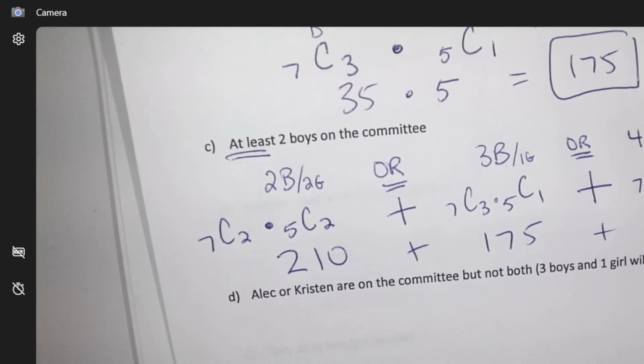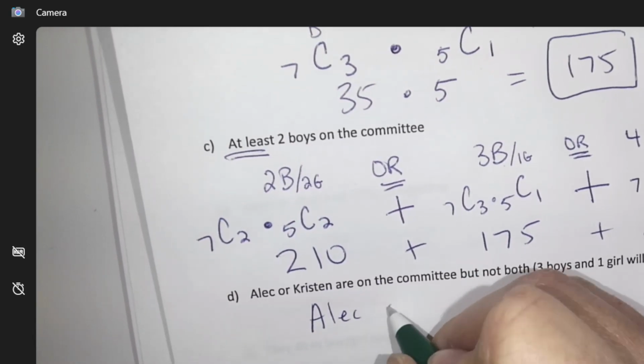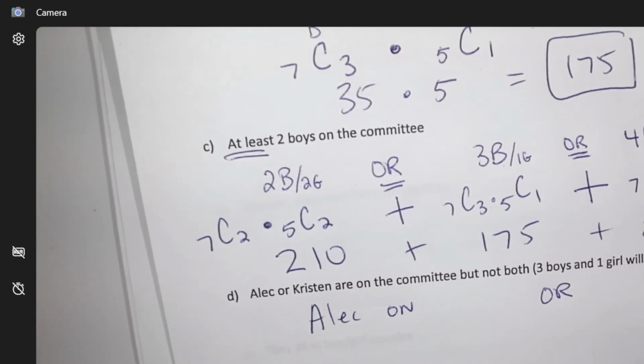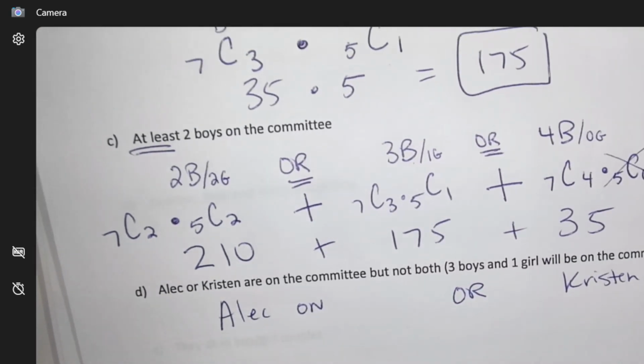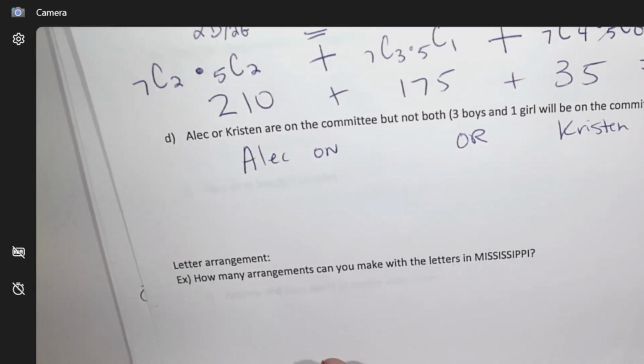Okay, Alec or Kristen are on a committee, but not both of them. So we're going to have a committee where we're either putting Alec on it or Kristen on it, but we can't have a committee where both of them are off.